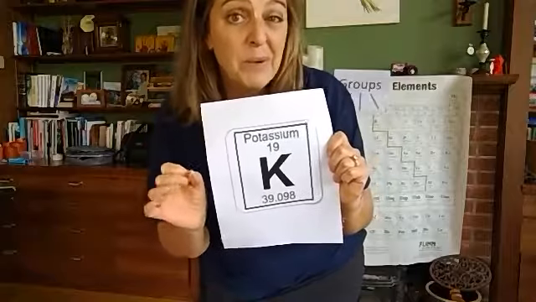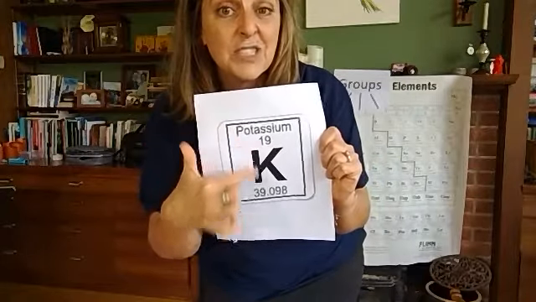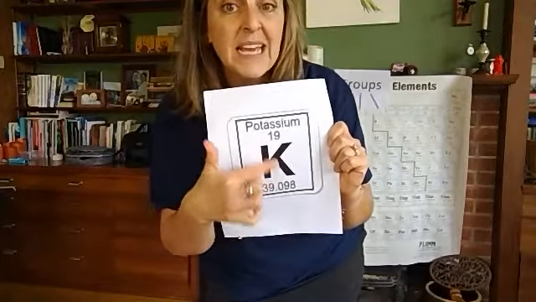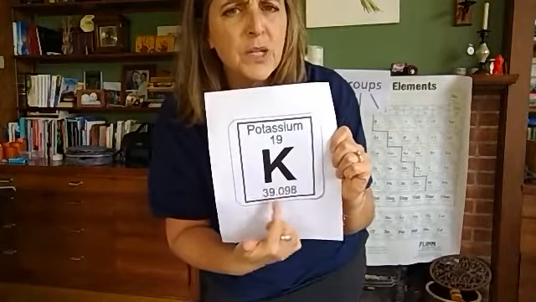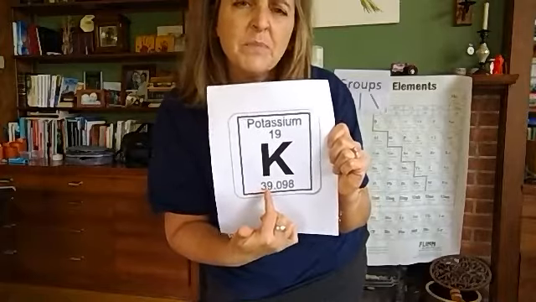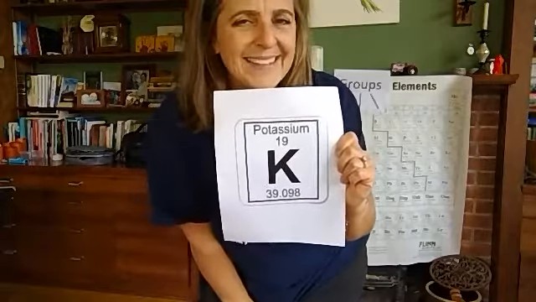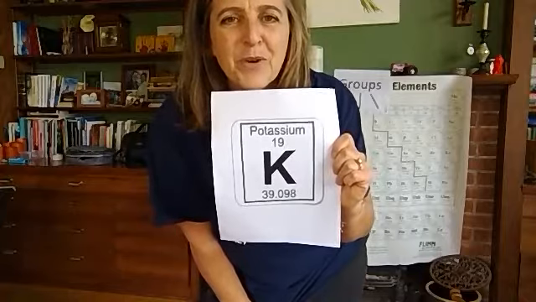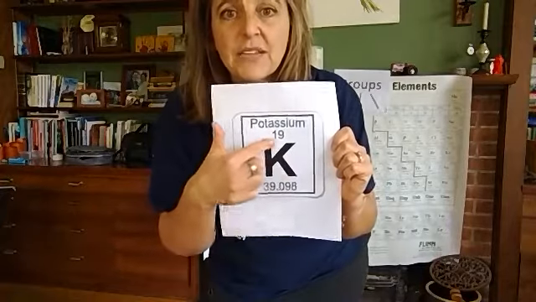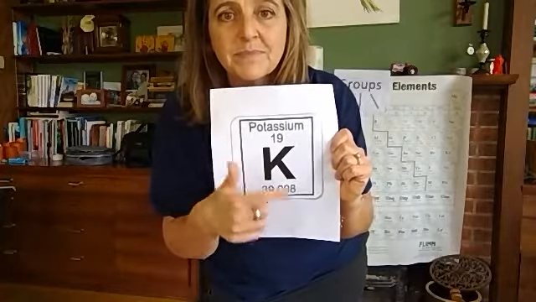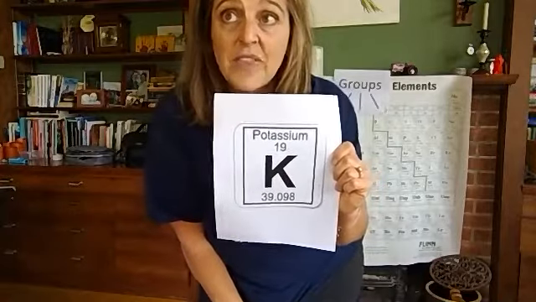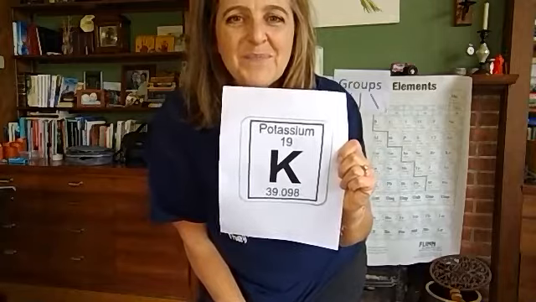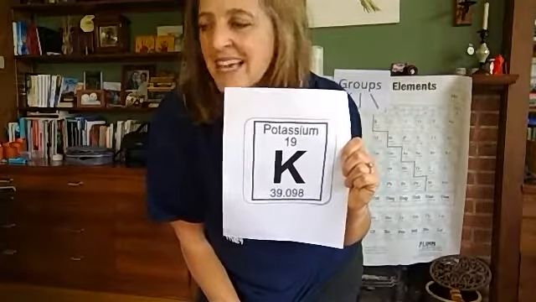Now I could do a little bit of math here and subtract those two numbers and it would tell me exactly how many neutrons. So this is pretty close to 40. Well, no, I would probably leave it at 39. Never mind. It wouldn't round up to 40. But if I subtract those two, that's going to leave me with 20. And so that's how many neutrons I would have in this atom.